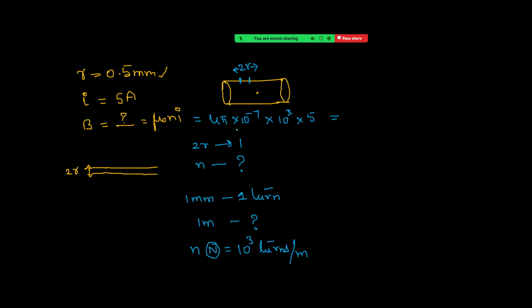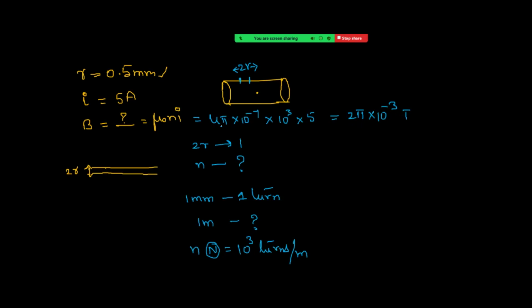That means 1 zero comes there. Here 3 zeros, totally 4 zeros. Next, this is 10 power minus 7. 4 zeros, this is 7 zeros, right? So the remaining is 2 pi 10 power minus 3 Tesla, right?